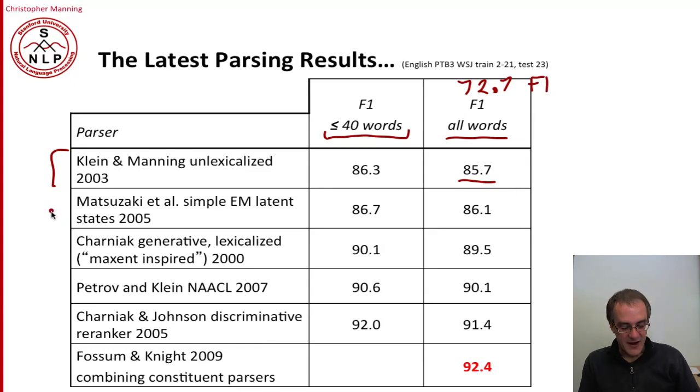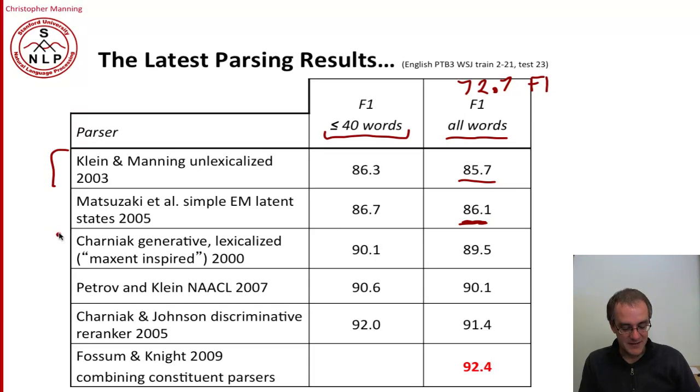Matsuzaki et al. tried the simple idea of splitting each category with latent states, but just assuming the same number of latent states for each category, and that didn't really work any better. In particular, both of these parsers are still noticeably below what you could get by doing lexicalized PCFGs with headwords.